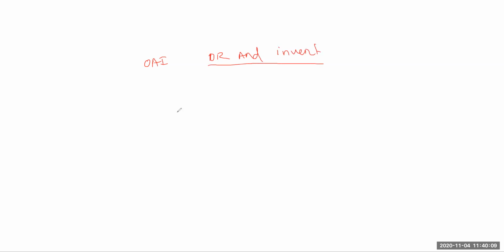It is OR, then AND, then invert. So this is your circuit with inputs A, B, C. Then suppose this circuit connects to another NAND gate.